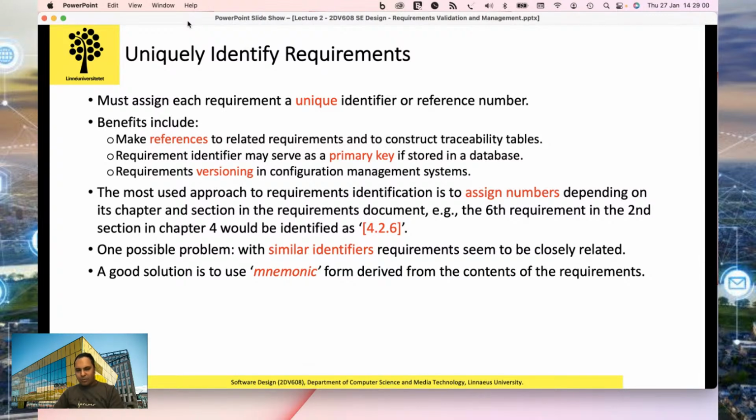And one of your goals for the assignment will be eliciting requirements and identifying them. So you must make sure that you will be using this mnemonic form rather than any serial number or any reference number and so on.